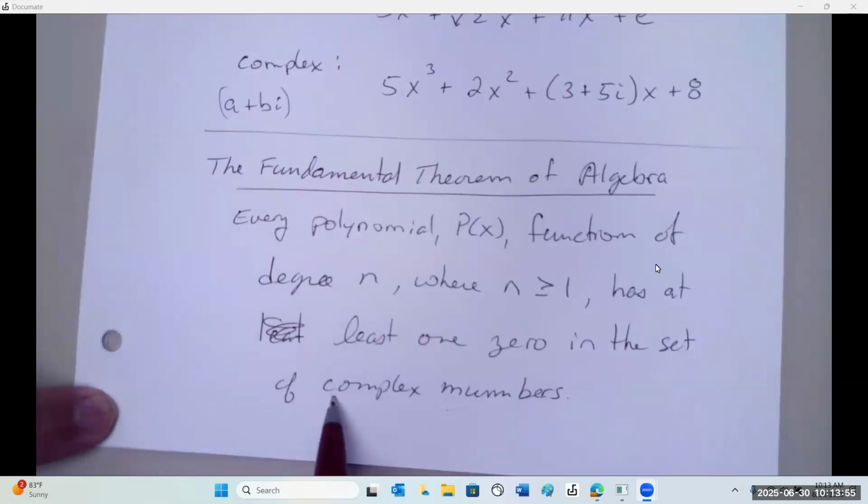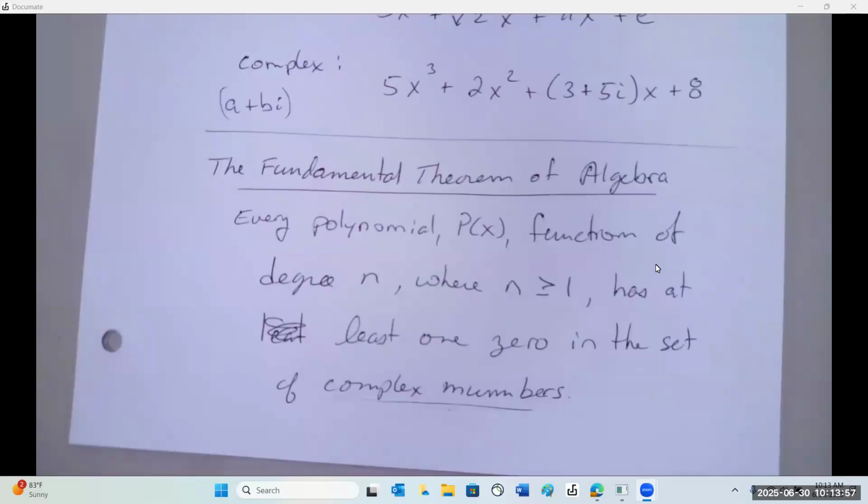What is the set of complex numbers? How do you mean? The degree can be any number. It can be a radical. Yes.